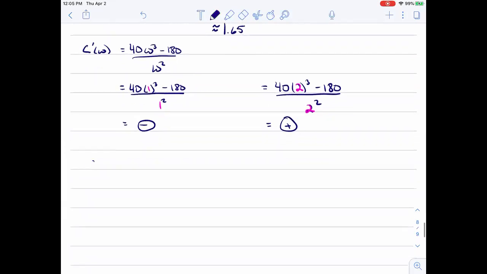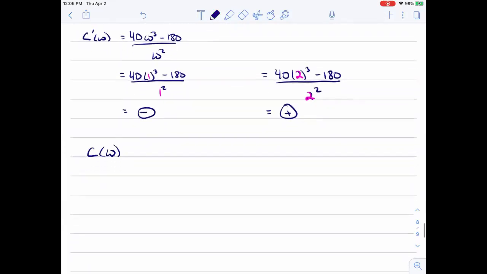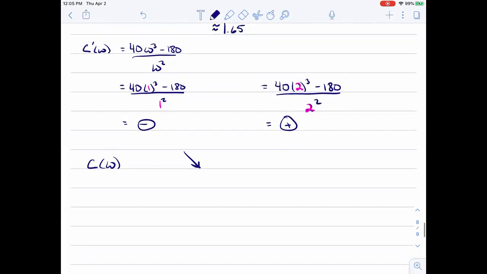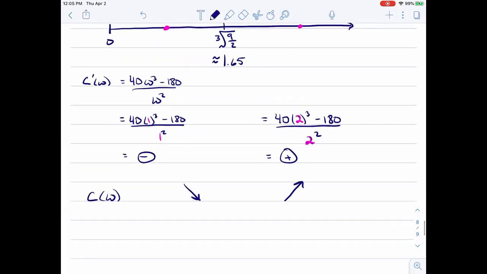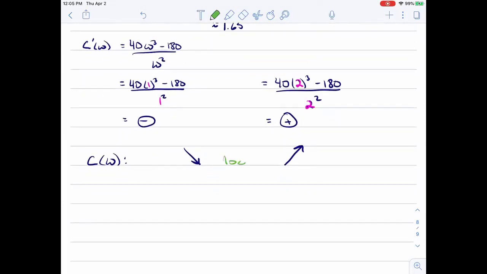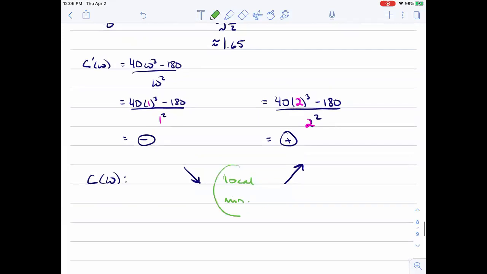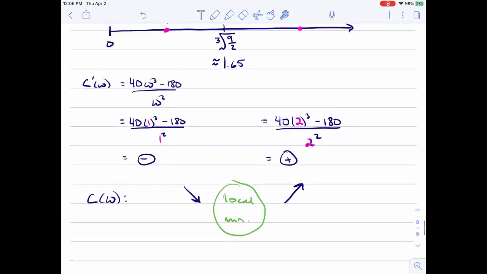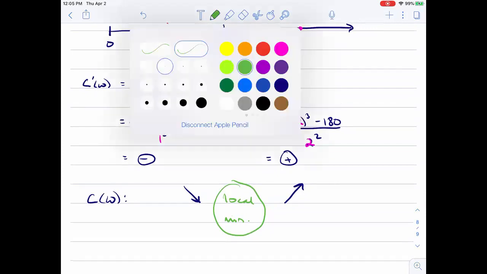So what does that mean? That means that the cost function is decreasing here and increasing here, making this a local minimum at W equal to the third root of 9 over 2.